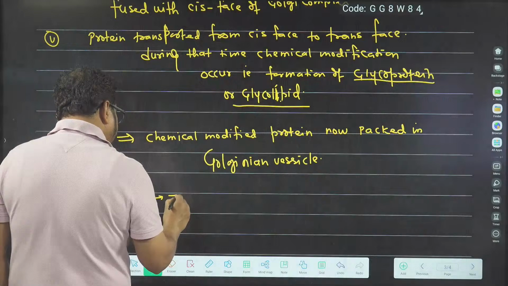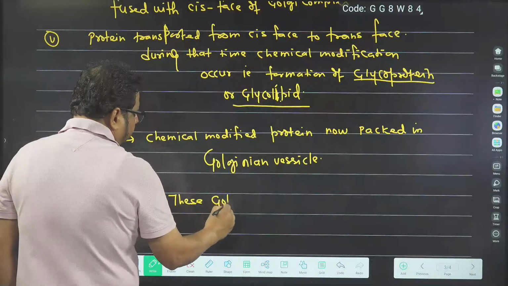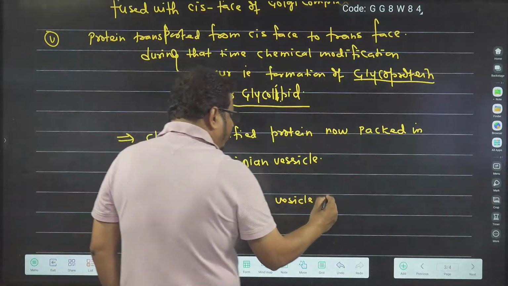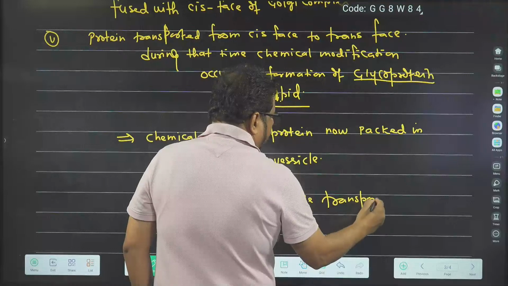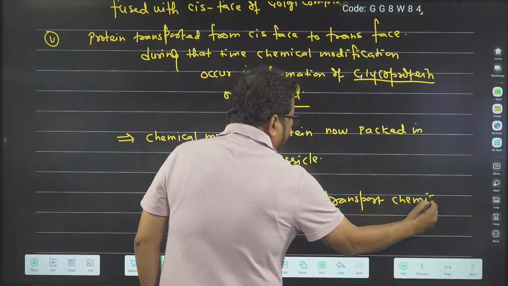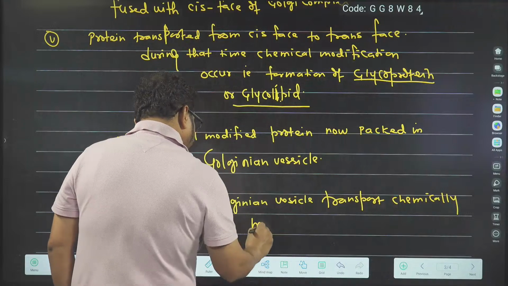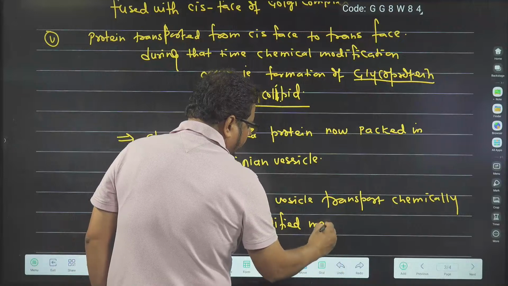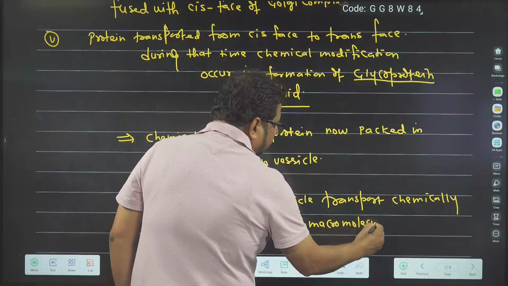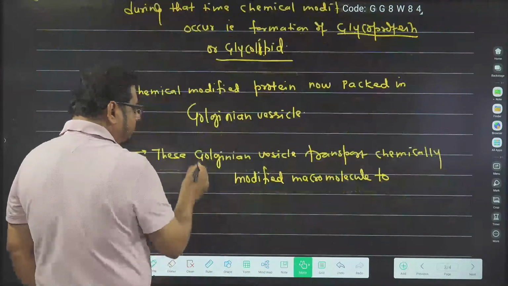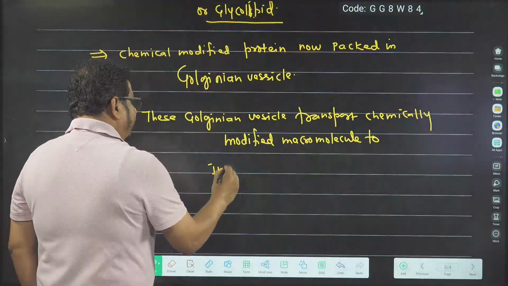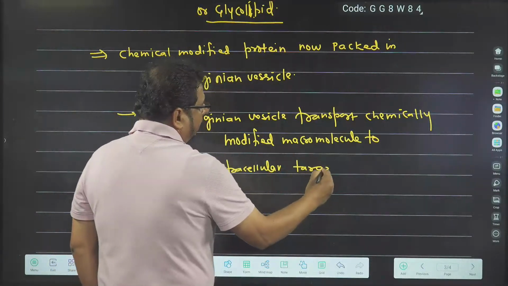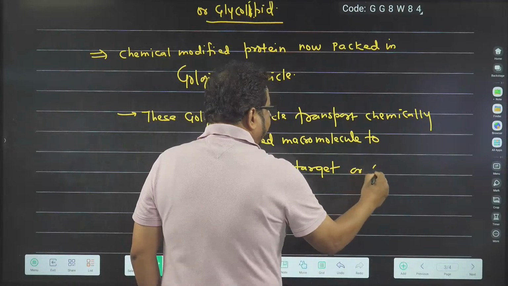And these Golgian vesicles transport the chemically modified macromolecule to an intracellular target or extracellular target.